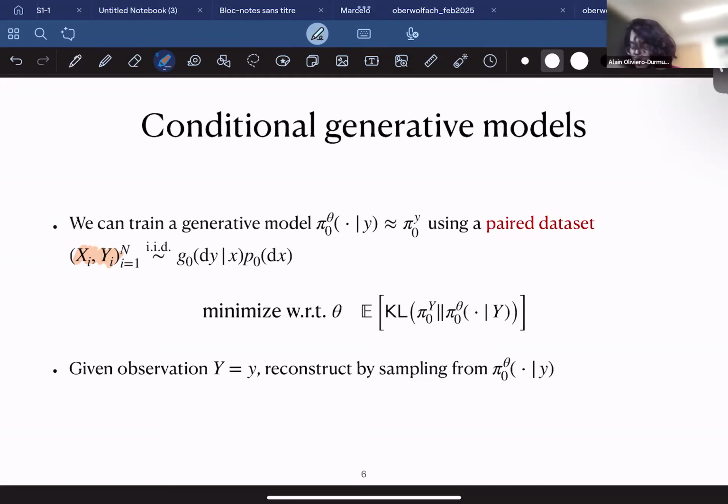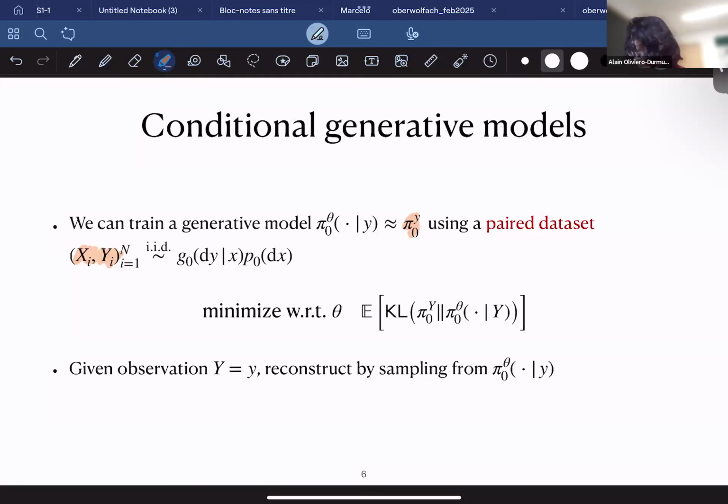You could think of approximating the posterior as the marginal distribution of a diffusion model, using the same terms which I will present in a few slides.